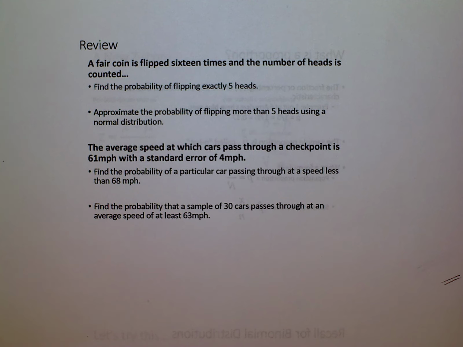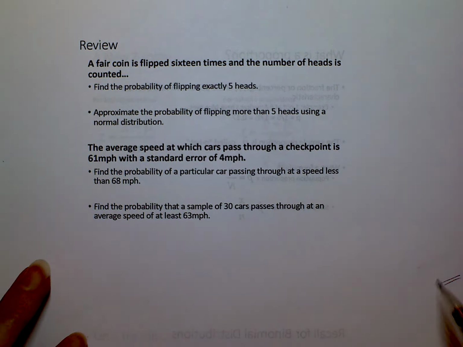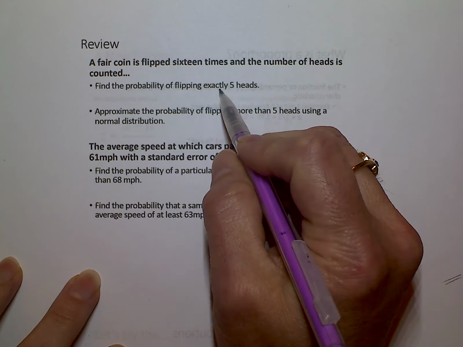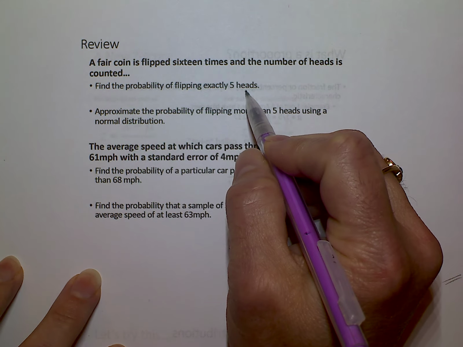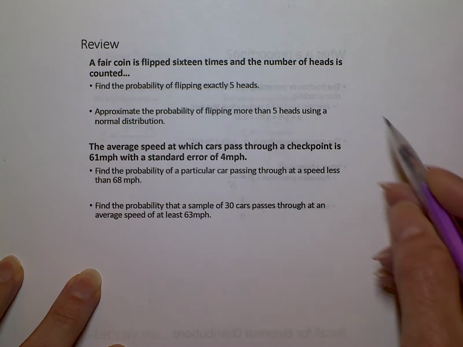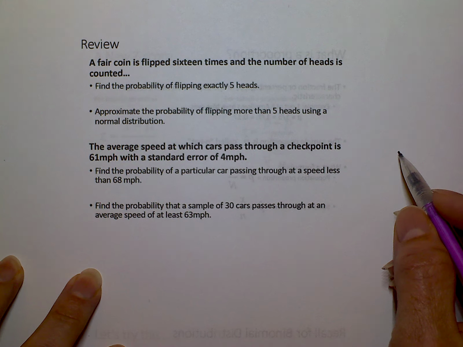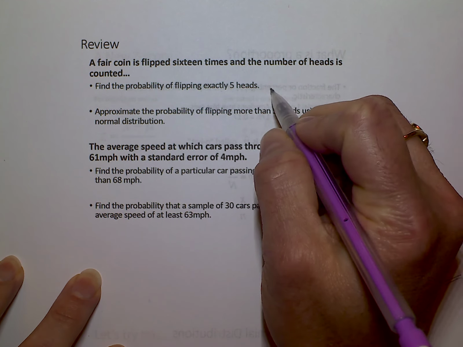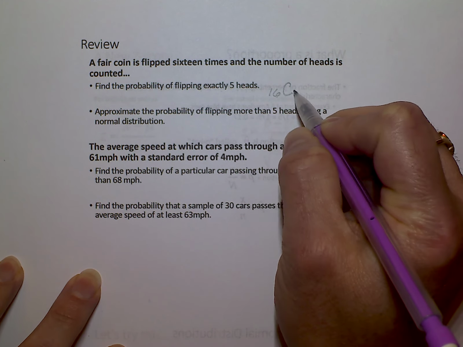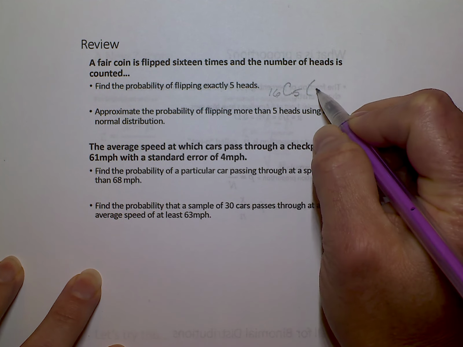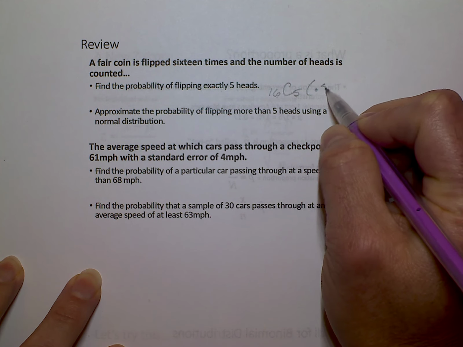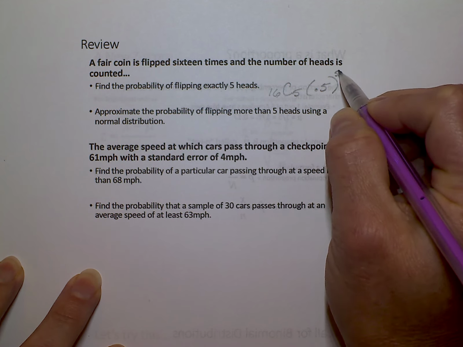Alright, let's take a look at the difference between these. The first one says we are flipping the coin 16 times, and we want the probability of flipping exactly 5 heads. Remember that there's two things you could get when you flip a coin, heads or tails. Those are successes and failures. That means this is binomial. Binomial means we are going to take nCr, the probability of flipping a head, 50%, and we want 5 of those.